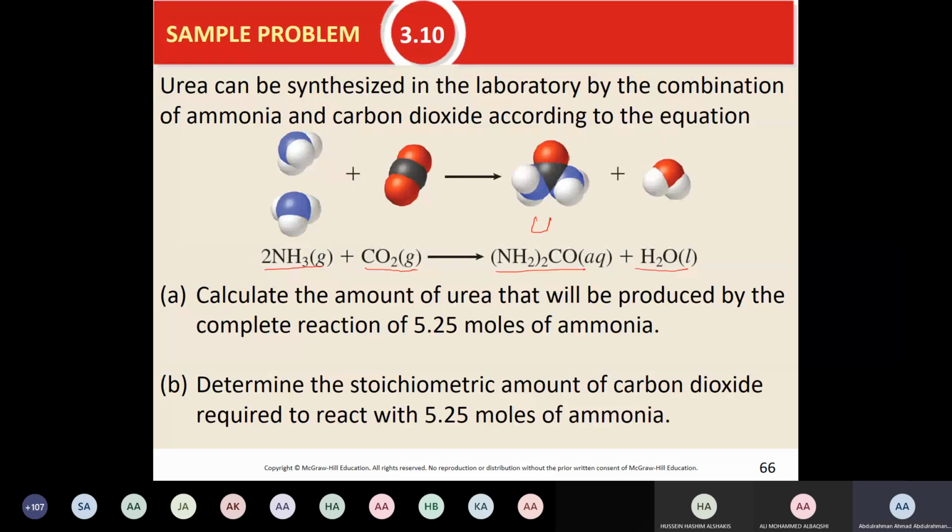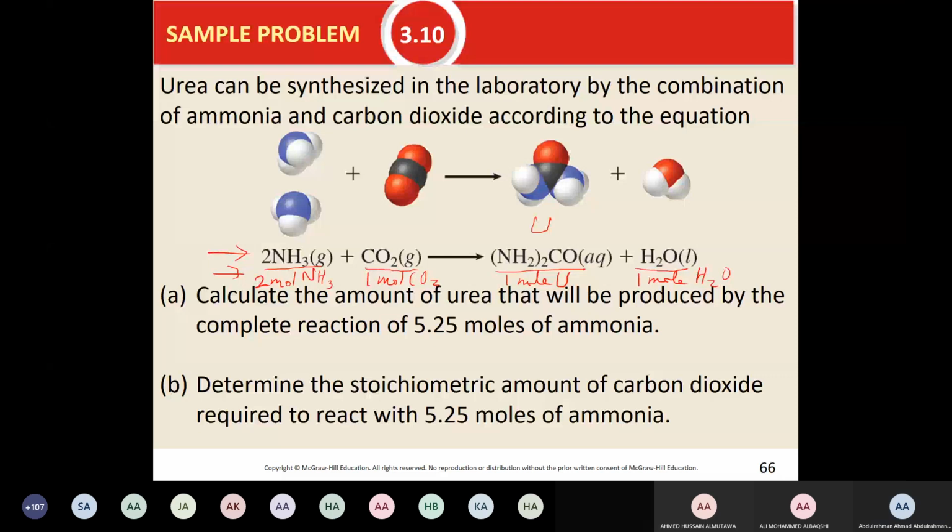You should say that each 2 mole of this one react with what? 1 mole CO2 and give you what? 1 mole, I will call it urea. This is called urea. And then 1 mole H2O. From where did you get this information? From the number before. From the chemical reaction.